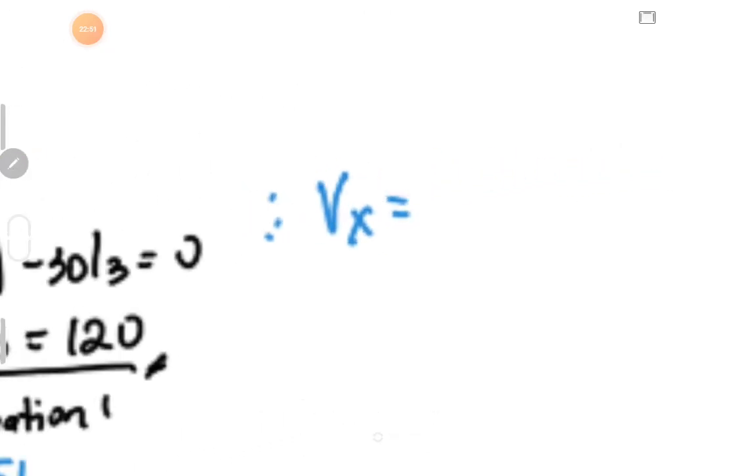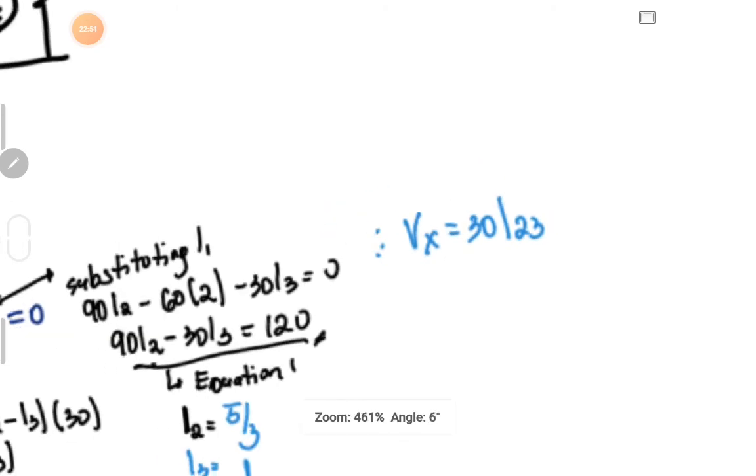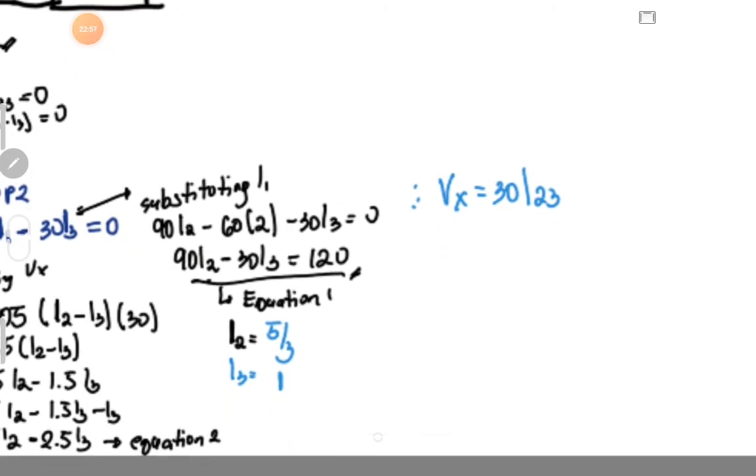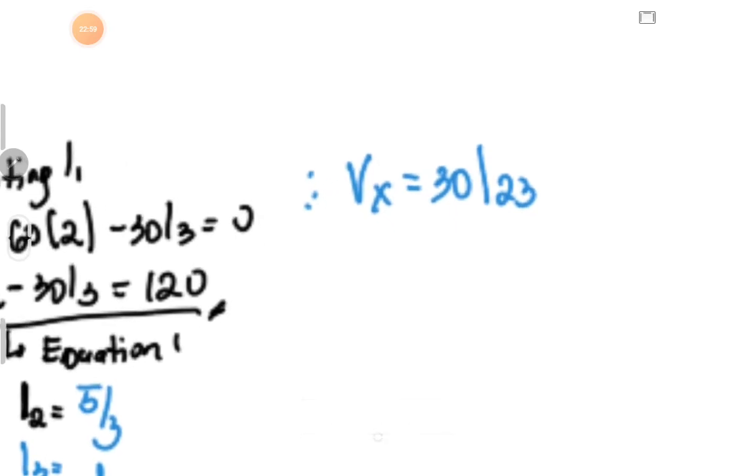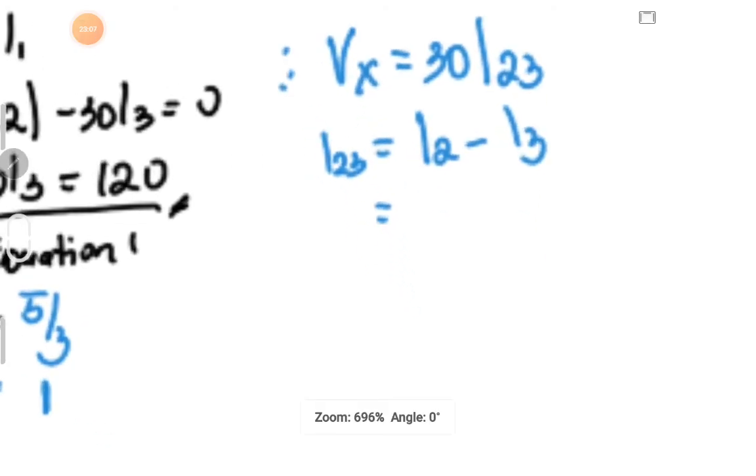So 30 ohms multiplied by I23. But what is our I23? Our I23 is just equal to I2 minus I3, di ba? Yan yung kagandahan ng subscript notation. Tignan nyo, ang negative ng I23 is equal to I32, di ba? Baliktarin mo lang yung position niya, di ba?